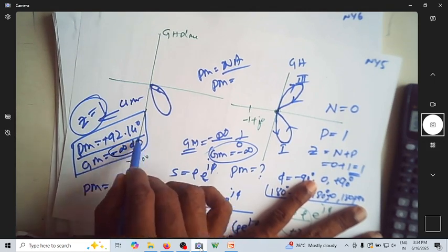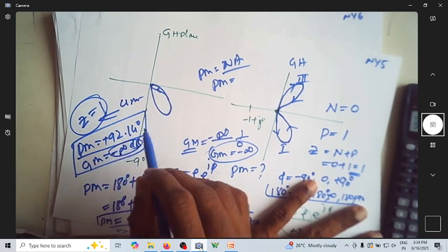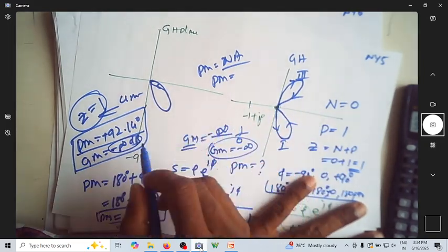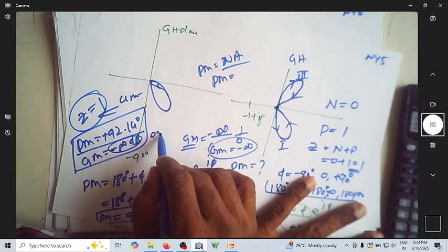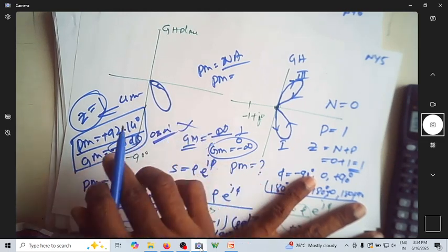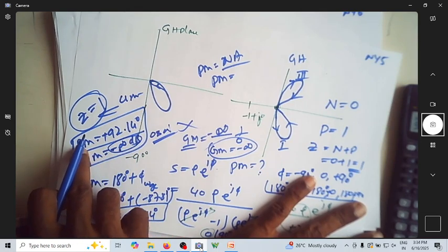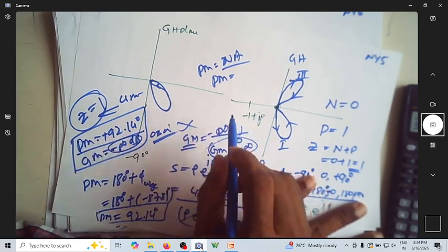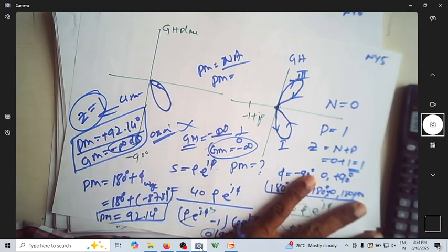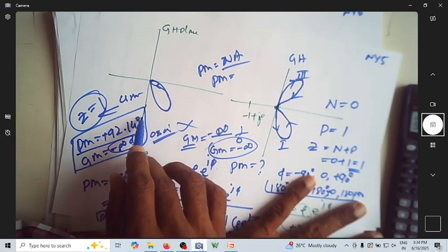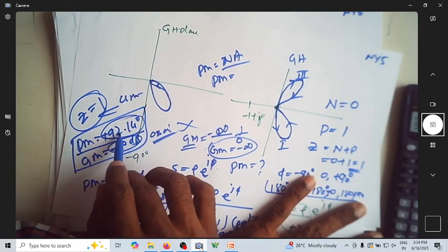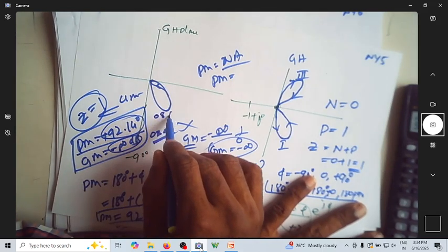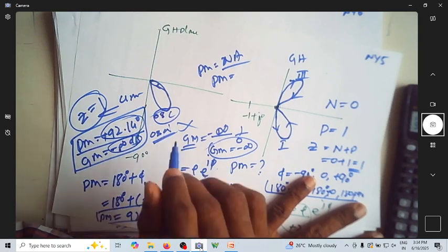What does this gain margin of minus infinity dB mean? You reduce your gain by whatever value or increase it by whatever value, the system will never oscillate. That's what gain margin means. Now, what does this phase margin of 92.14 degree mean? If the pole and zero positions are altered in such a way that the phase changes by 92.14 degrees, if it deteriorates, then the system starts oscillating.